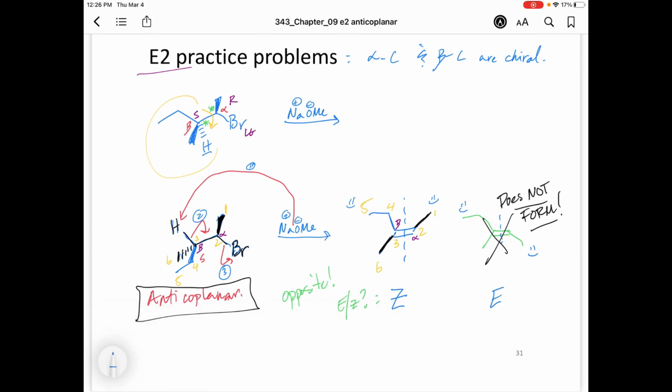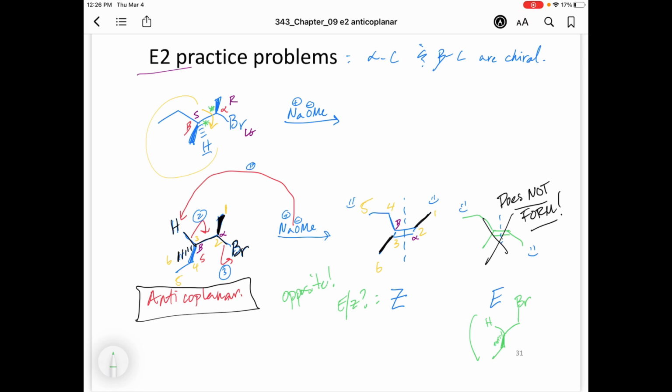In fact, I'll draw it below. In order for this green one to form, this E alkene, we would have had to adopt the hydrogen and bromine on the same side. Now, if I rotate the molecule here, okay, there's our methyl, and the bromine side I've rotated.